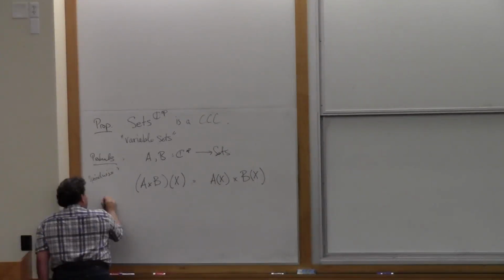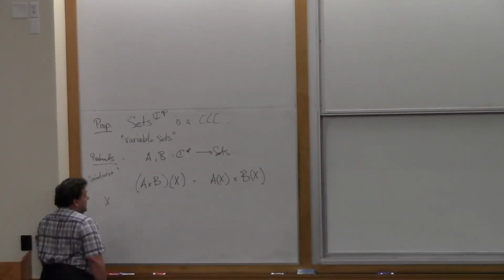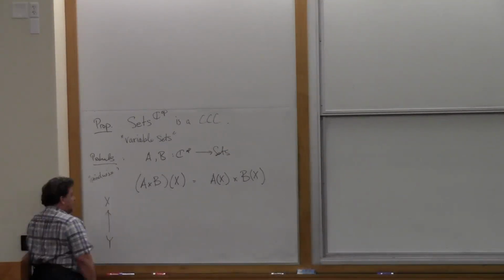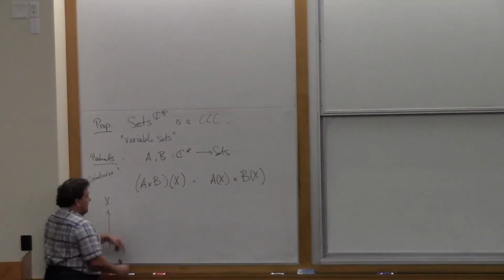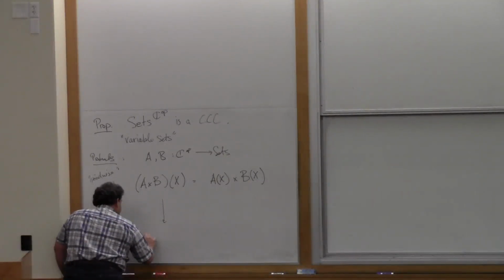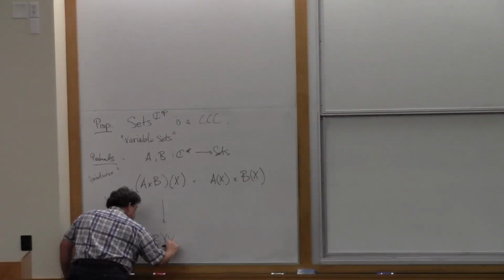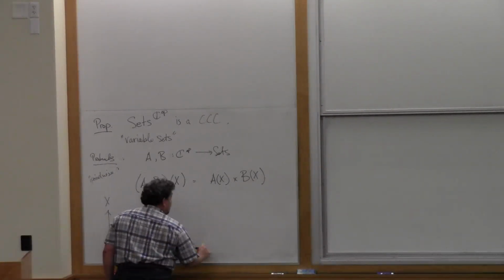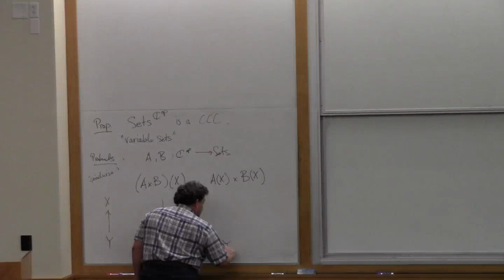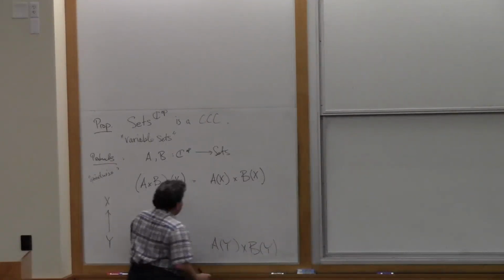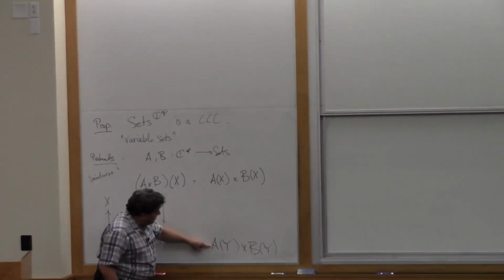And then whenever X goes to Y, well, this is contravariant, so whenever X comes from Y, like that, we need to find a way for this thing to go to this one. And how should we do it? Well, the value over here we've already decided is going to be this.